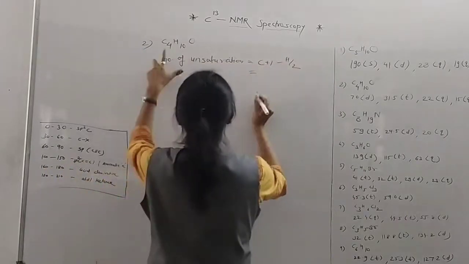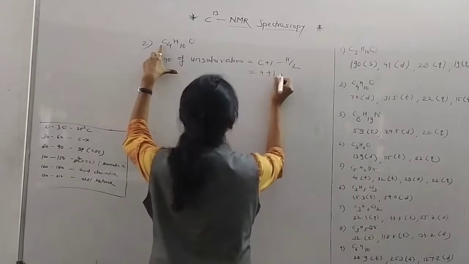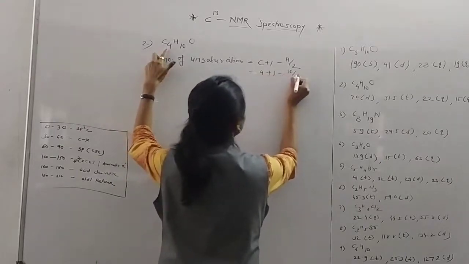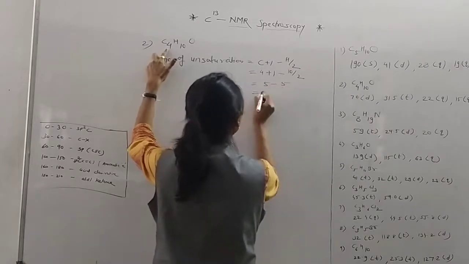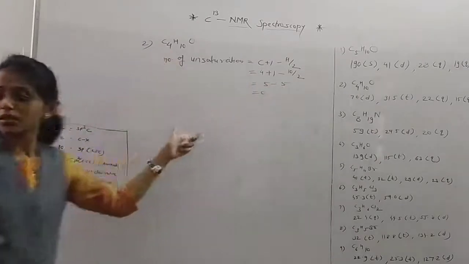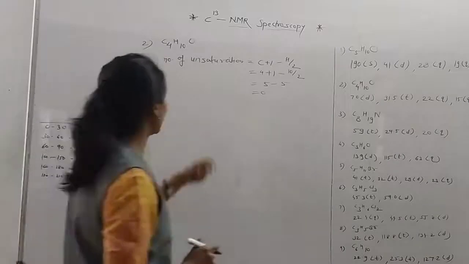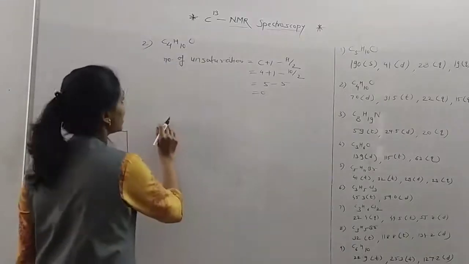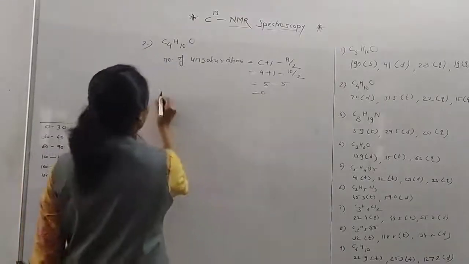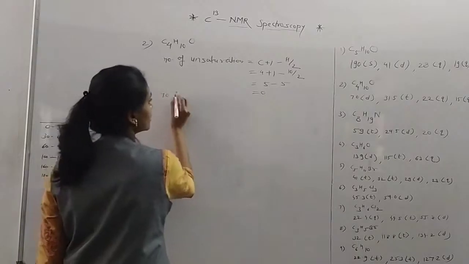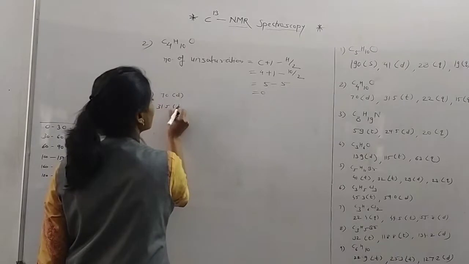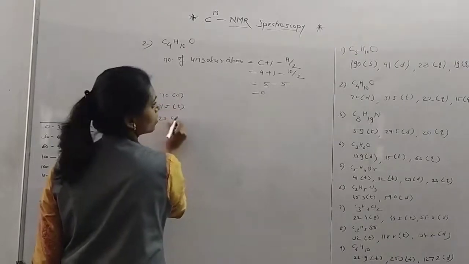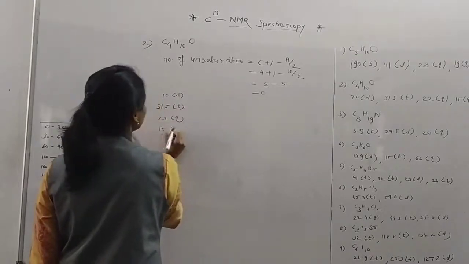Here, 4 plus 1 minus 10 by 2 equals 5 minus 5, which means 0 unsaturation in this example. Now the data is given. First of all, I read the data. The 13C NMR data: 22 quartet, and 50 again a quartet.